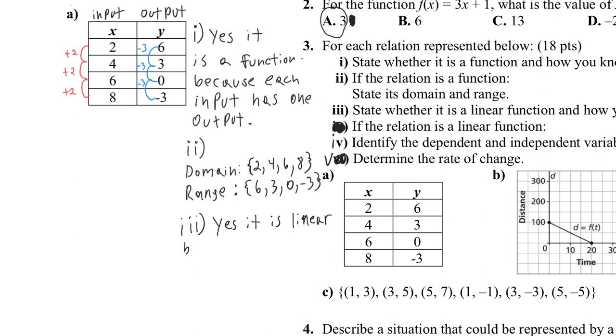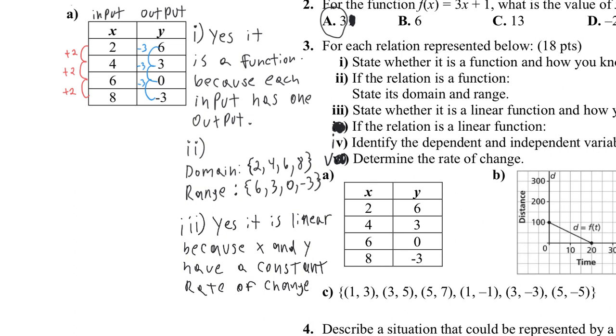Yes, it is linear because x and y have a constant rate of change. So there you go. They have a constant rate of change, so that's how I know they are linear functions.